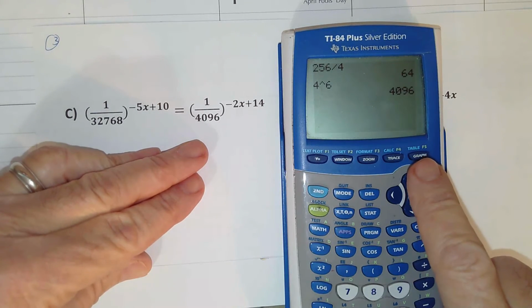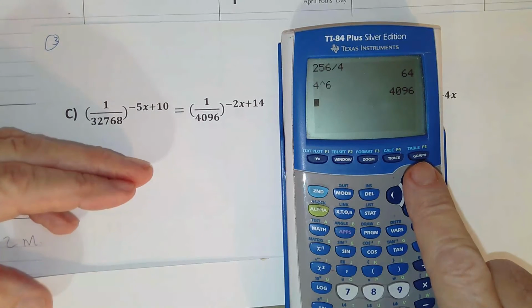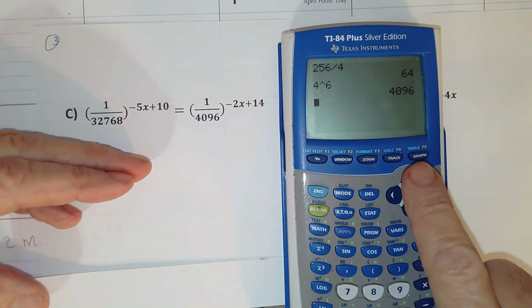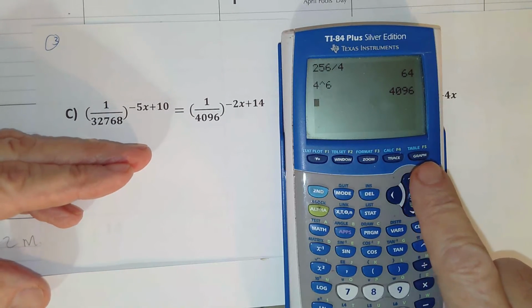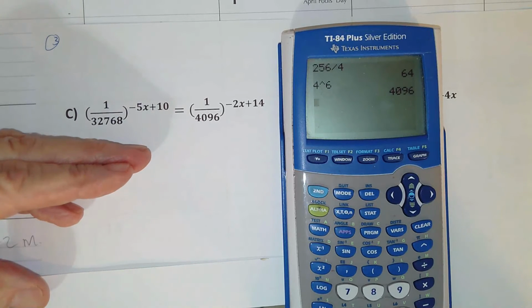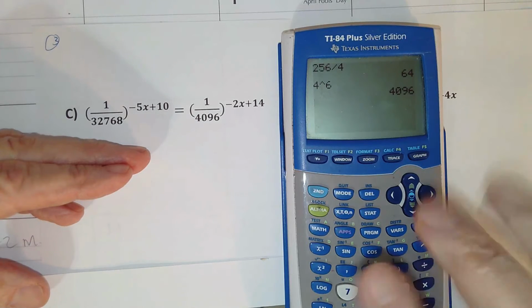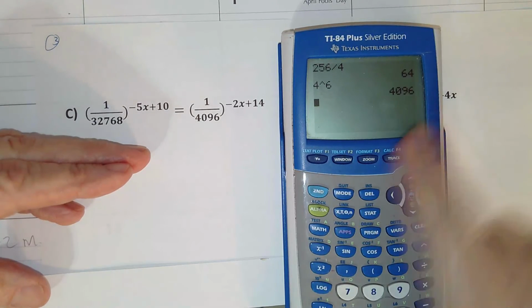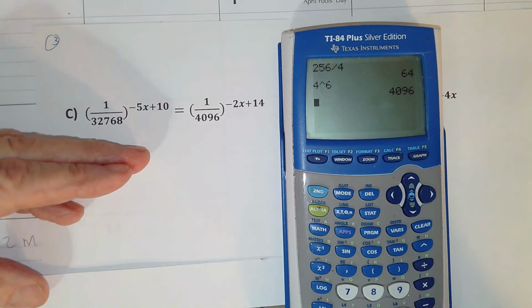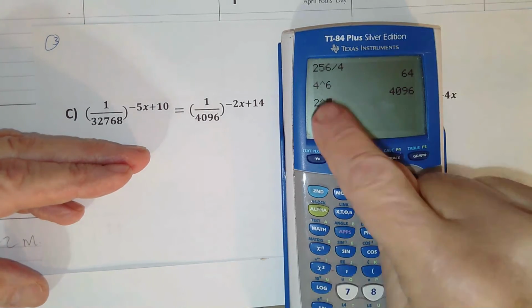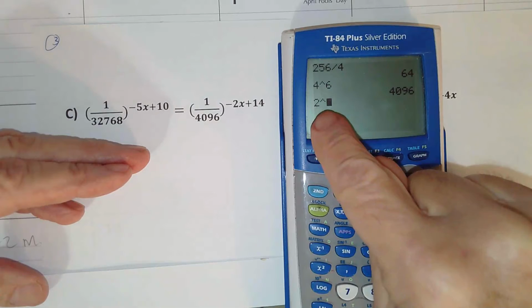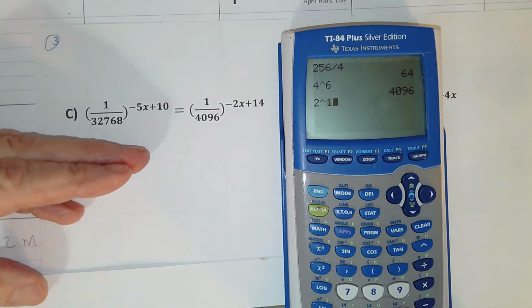But it looks like we could do this by 2's. So let's see if we can get it down lower. If we've got 4 to the negative 6, then it's got to be 2 to the negative 12. So let's try that. We aren't going to look at it as a fraction, so we're going to do 2 to the 12. So 2 caret 12. We're just taking half of 4 and then doubling the exponent. 2 caret 12, 4096.